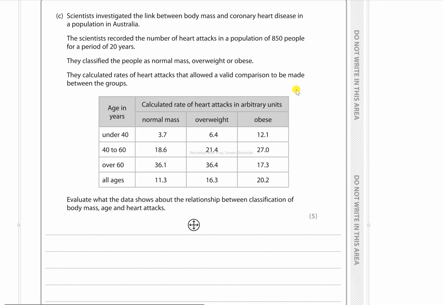So you've got the age. Okay, so that's all ages. These are normal mass, overweight, and obese. Heart attacks.